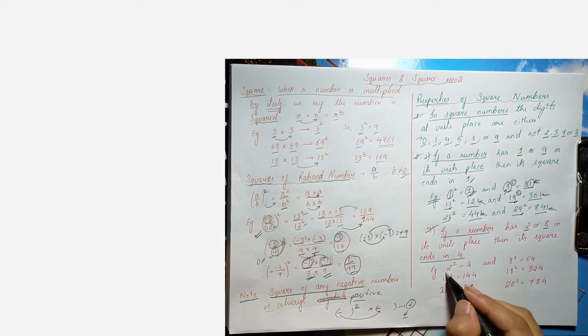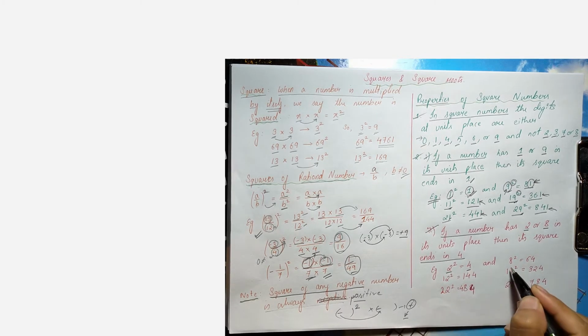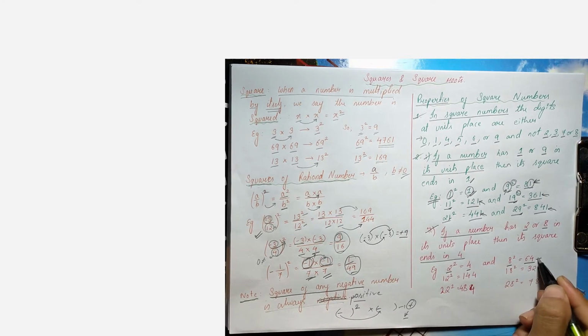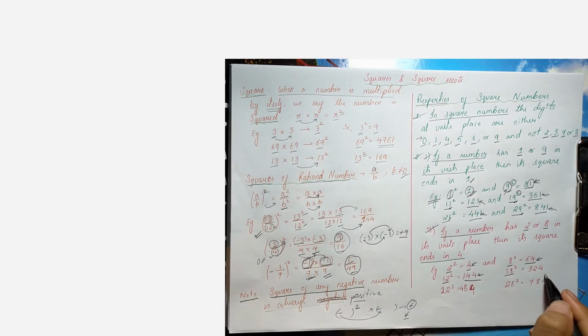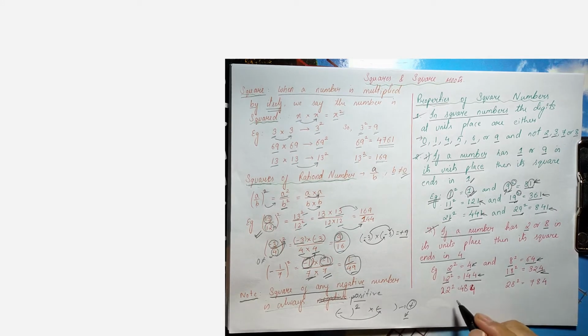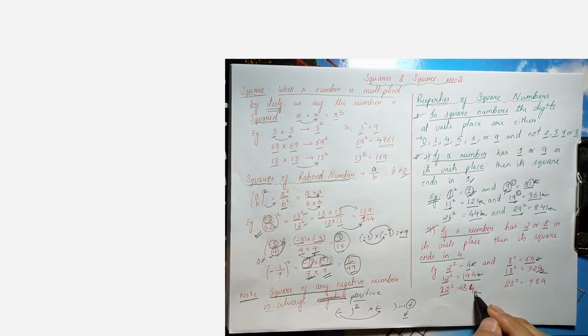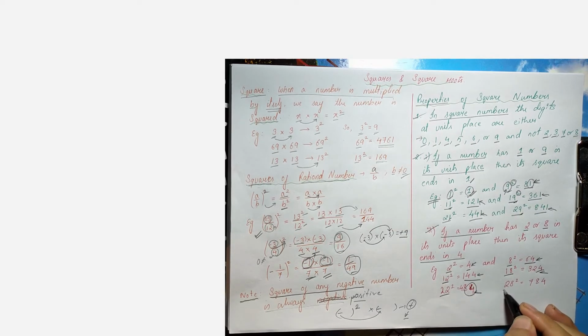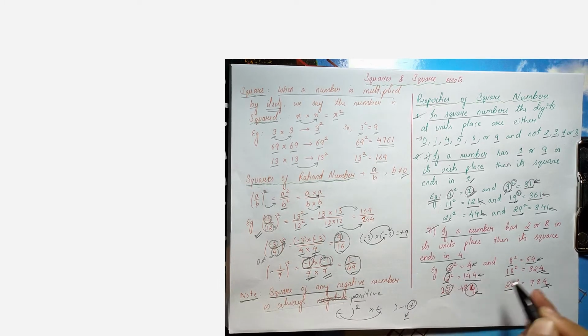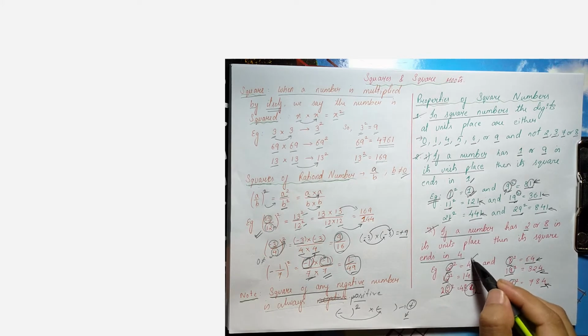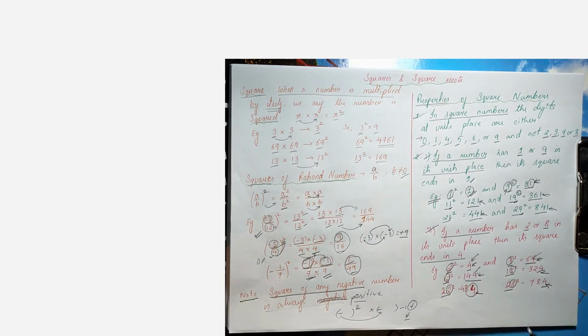Example, 2 square is 4, 8 square is 64, so you see it ends in 4. 12 square is 144, again ending with 4. 18 square is 324, again ending with 4. 22 square is 484, again ending with 4. 28 square is 784, again ending with 4. So if the number ends with 2 or 8, we can see that the square always ends with 4.